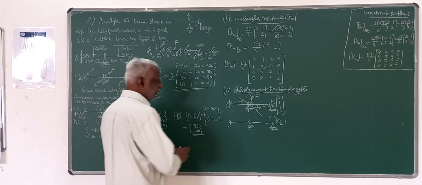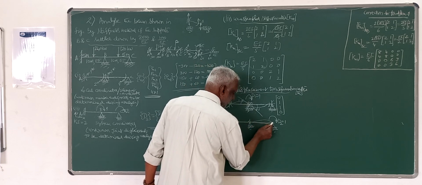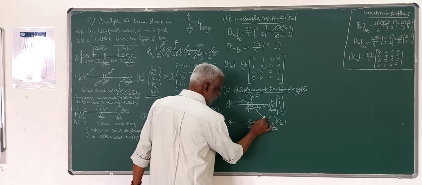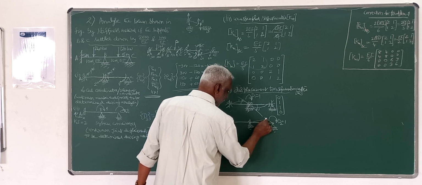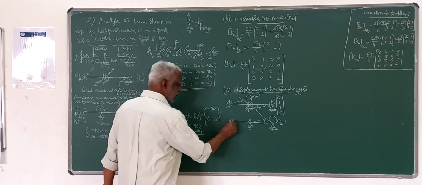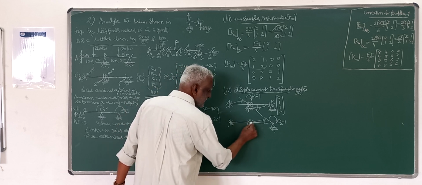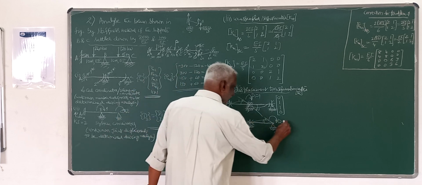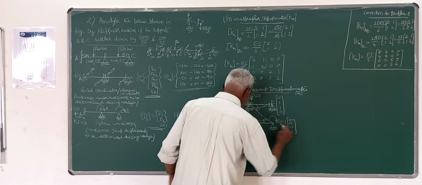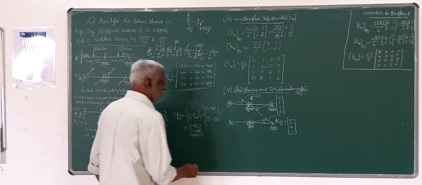Here I am only giving unit rotation with respect to direction 2. The corresponding element direction displacements are 0, 0, 0, and 1. Therefore, the second column of this matrix will be 0, 0, 0, 1. That's all, the second column.